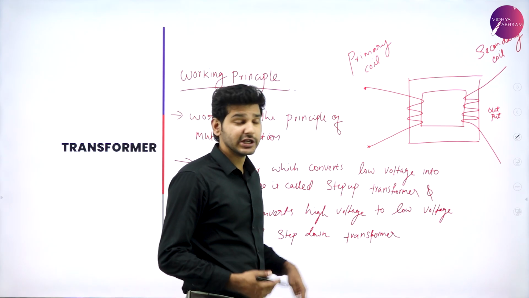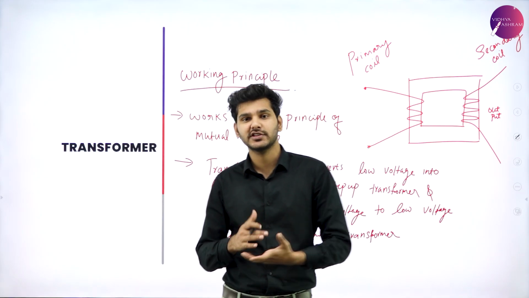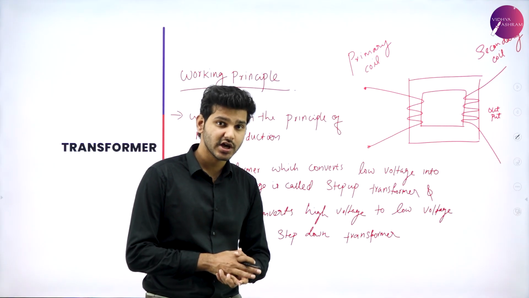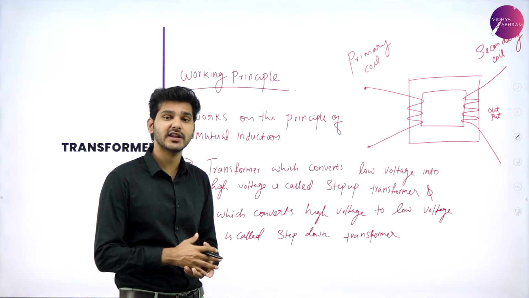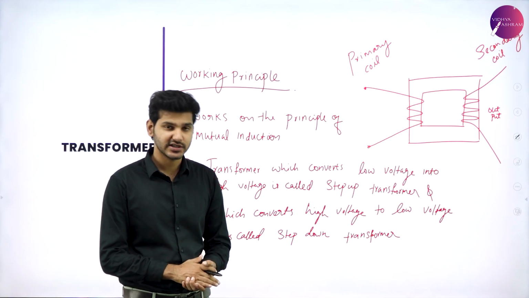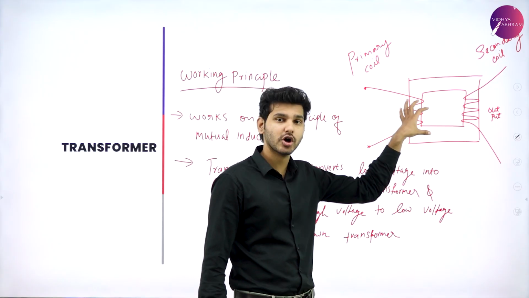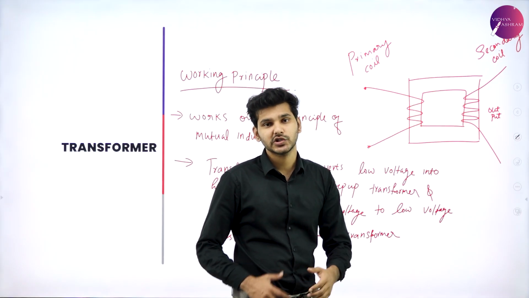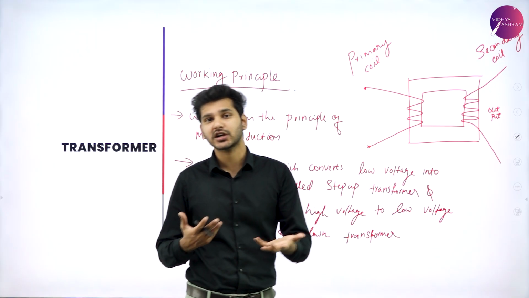So again, before getting into the diagram and the construction of this particular transformer, you have to understand how a transformer actually functions. The functioning of a transformer is very basic. You have already studied what mutual induction is. If I induce a change in this coil, then automatically an EMF will be induced in the other coil. So we are controlling that particular induction process.